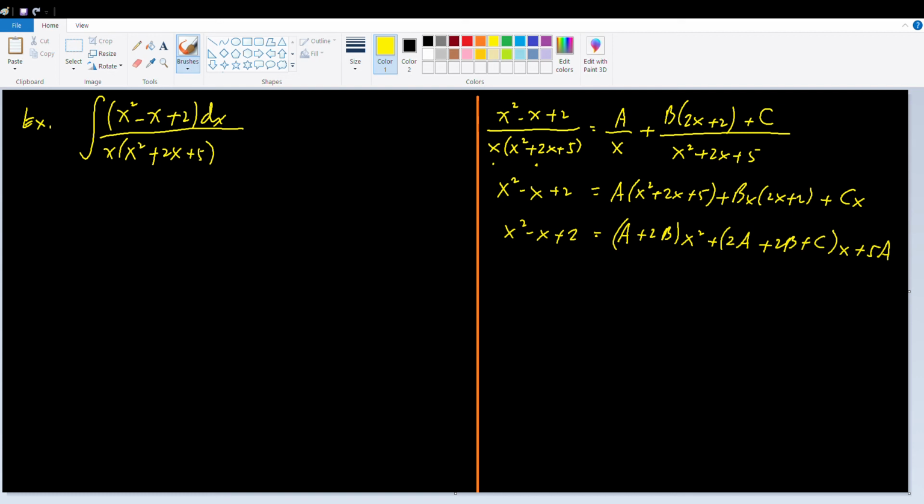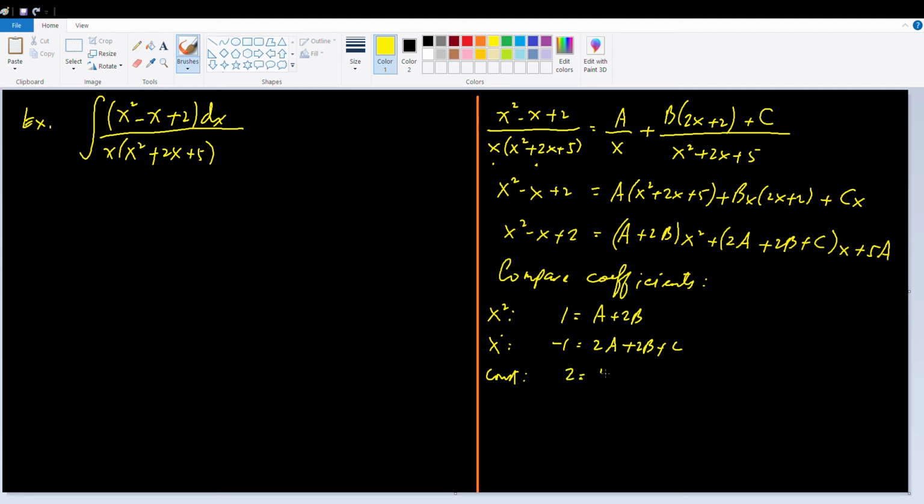Alright, so we compare coefficients. X squared: 1 is equal to a plus 2b. X raised to 1: negative 1 is equal to 2a plus 2b plus c. And the constant: 2 is equal to 5a.